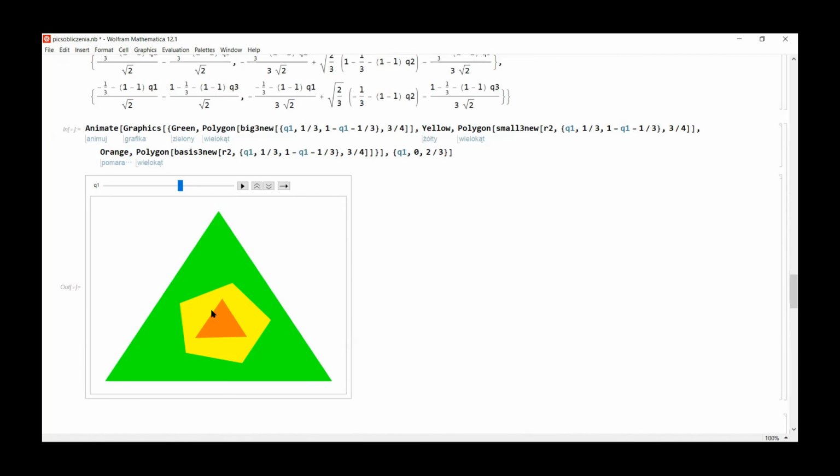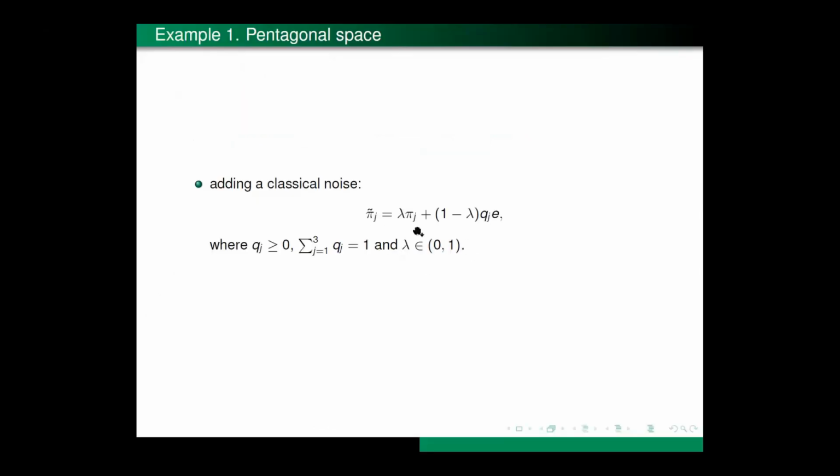It can shrink in size, but because of how this pentagon is orientated in this large simplex, it depends on this pi j used here.